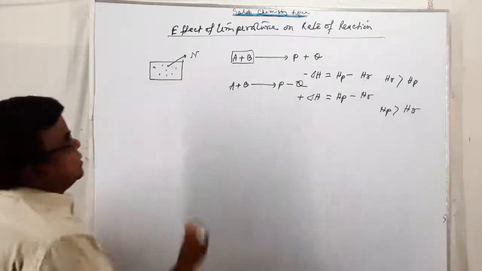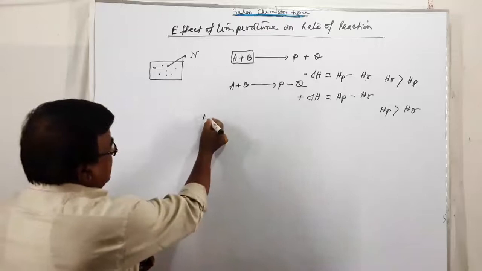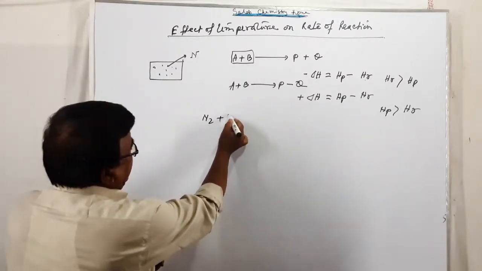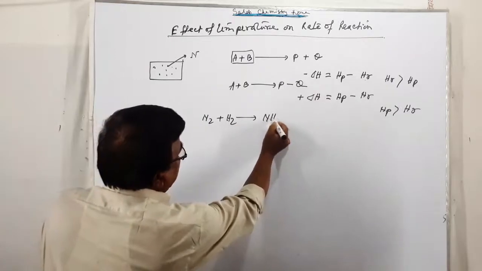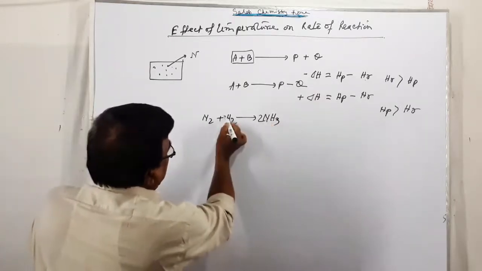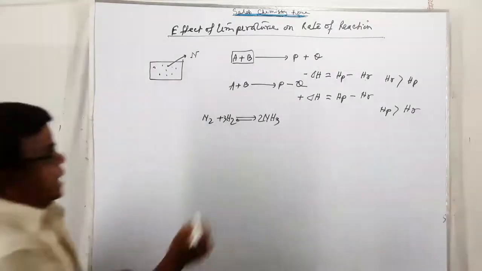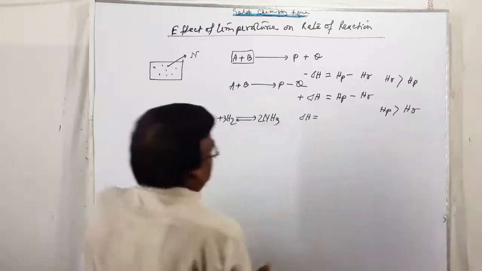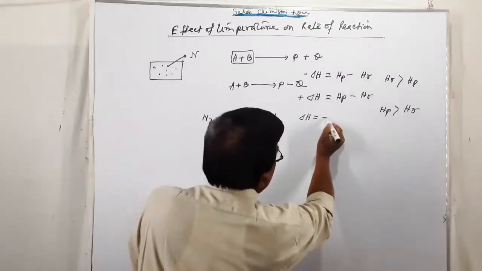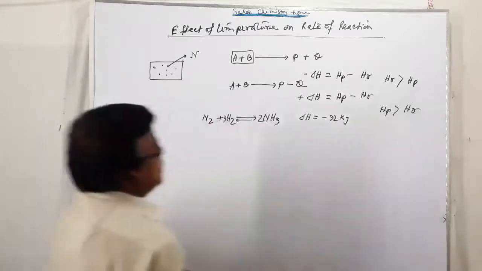Let us consider a reaction: nitrogen and hydrogen to form ammonia. This is a reversible reaction. An amount of heat is evolved, minus 92 kilojoule per mole.